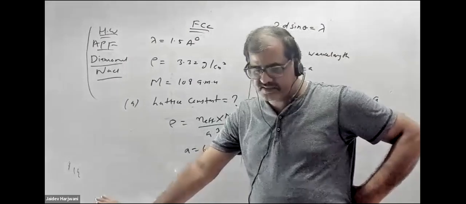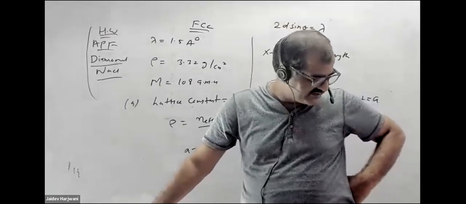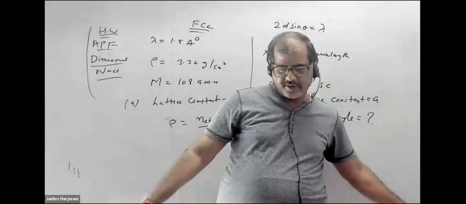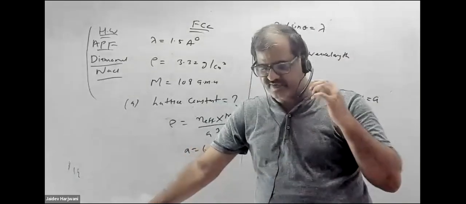And then we discussed X-ray diffraction. Whenever your X-ray wavelength is of the order of your crystal plane distance, that is the condition in which X-ray diffraction will take place.